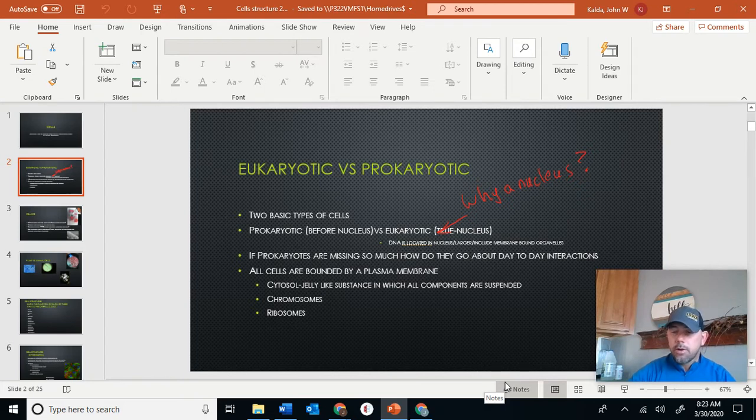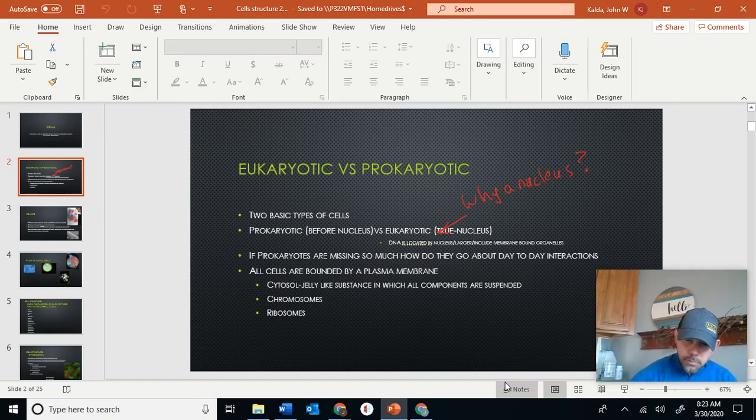You can break the eukaryotic cells down into plant versus animal. And I'll dive into this more, but make sure you understand that even within the human body itself, the eukaryotic cells can be different, depending on the function, depending on what they're doing.